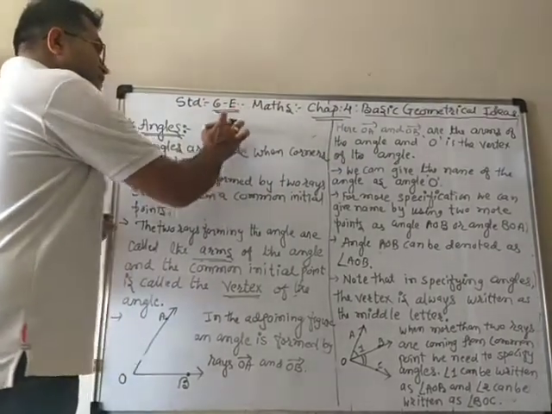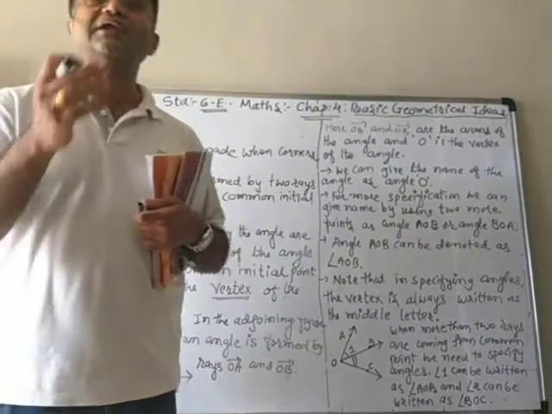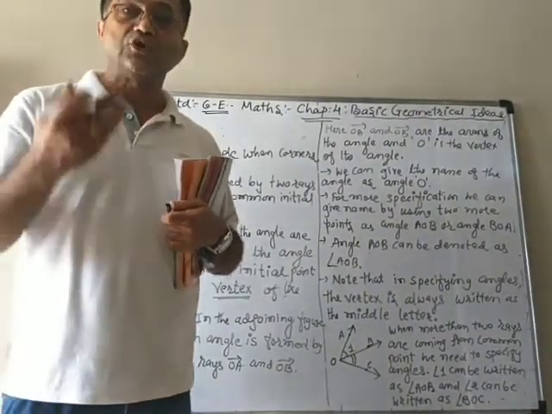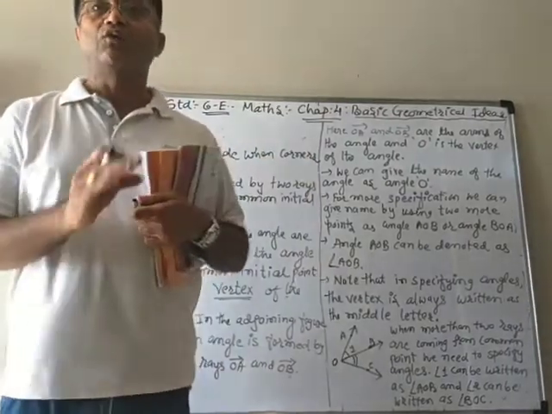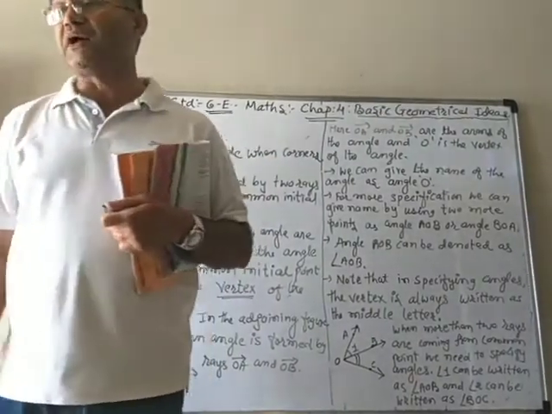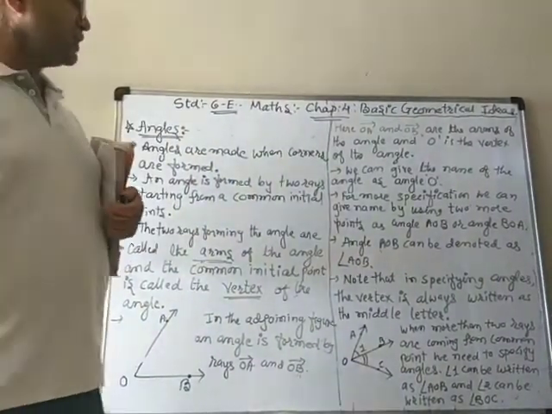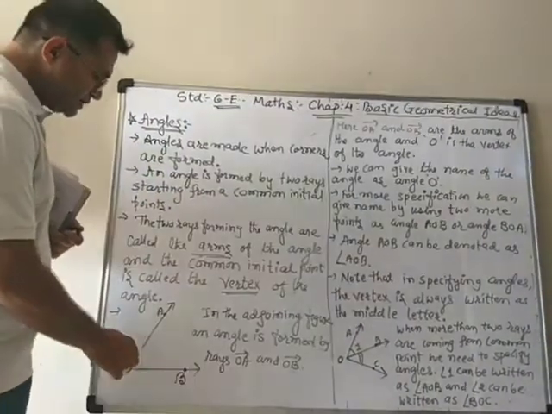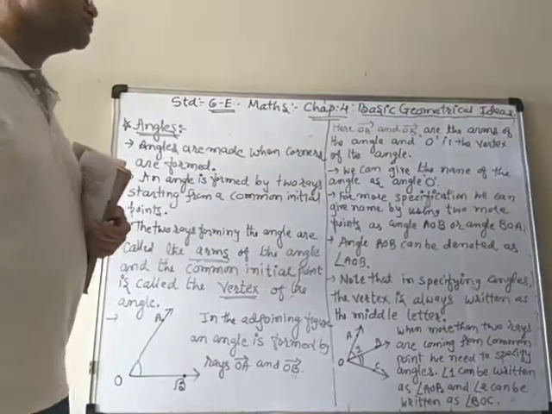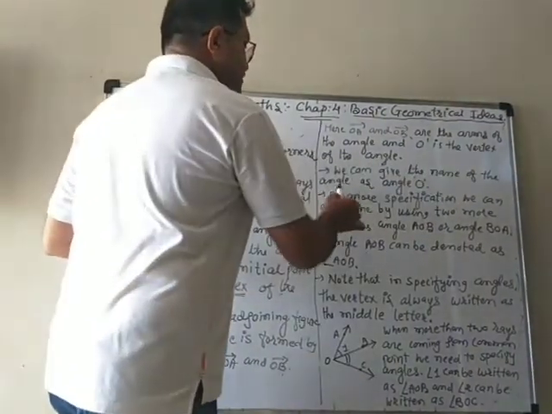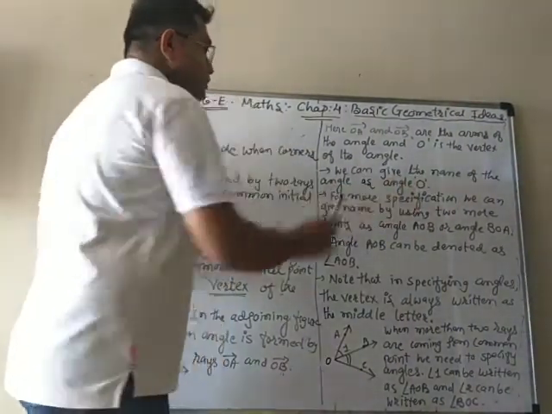So here the angle also should be given a name by which we can understand what type of angle it is. You can see that this angle we can simply call angle O.